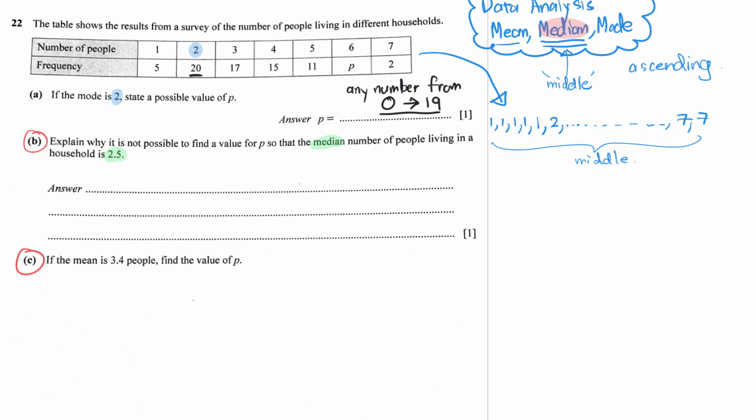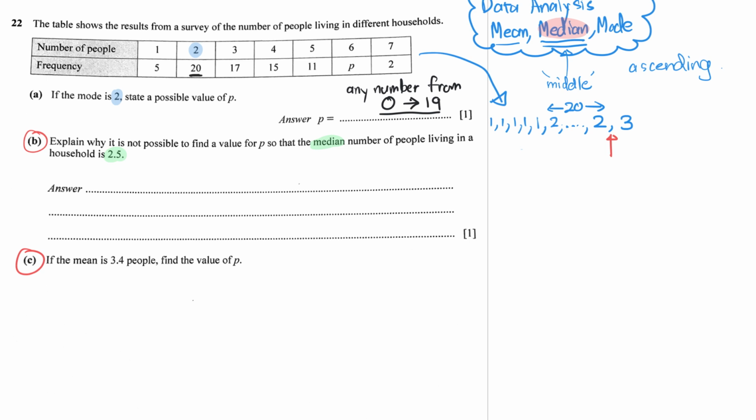It means that now, let me add more flesh to this. .5 means that if I had 20 of the 2's all written out here and I came to the last 2 where there were 20 here, okay, 2.5 can only occur when the median value is chosen right in the middle here.